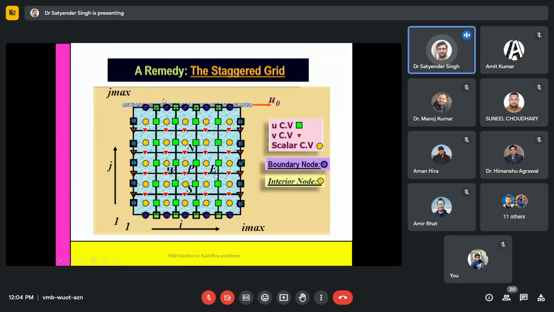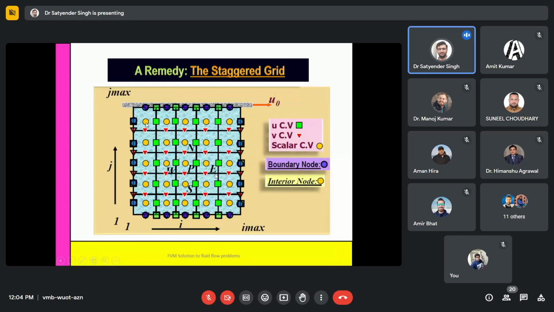And for this problem, I am showing you the staggered grid. Here I'm using a green square to represent the location of the u velocity, a red triangle to represent the v velocity, and the yellow circle to represent the scalar, which is pressure, at the center.